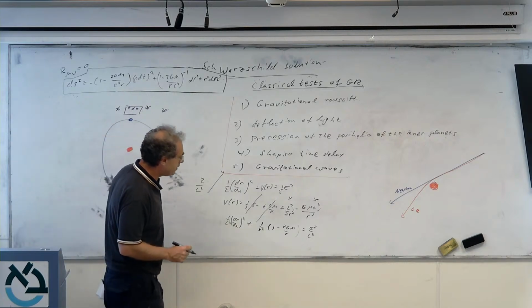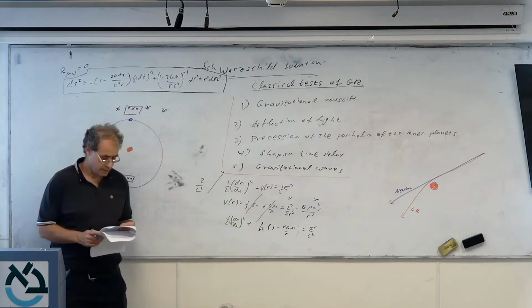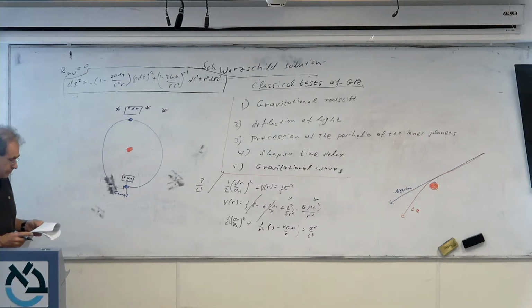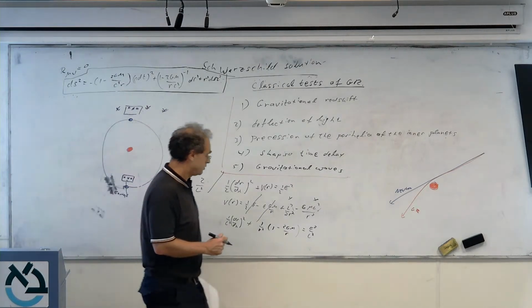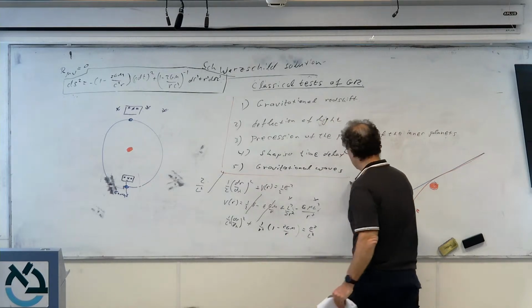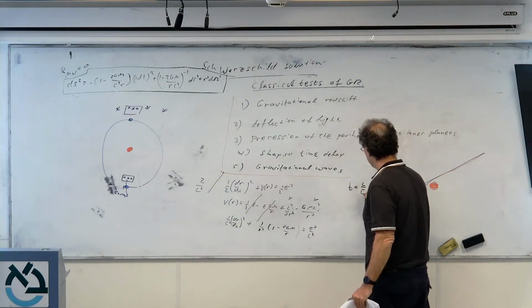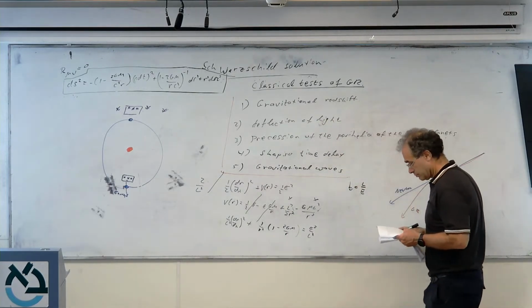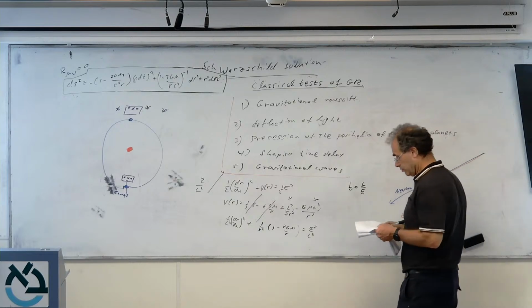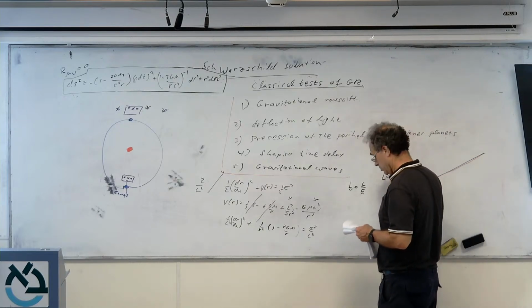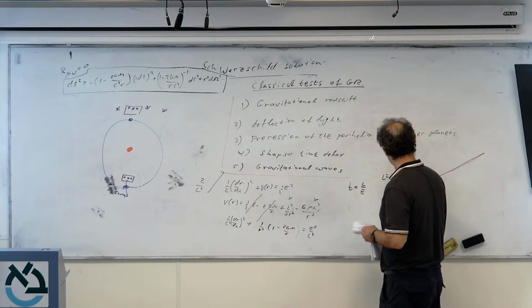Now we're defining a parameter called b, the impact parameter. b is L over E. And remember that L is r² dφ/dλ.